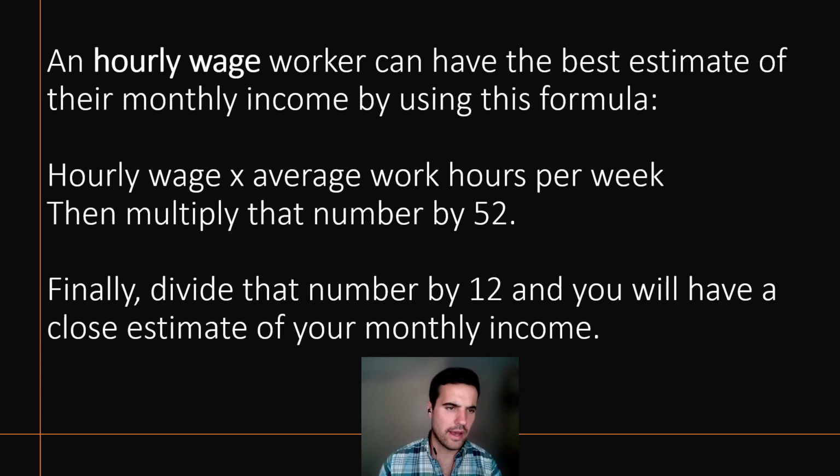You take your hourly wage, so say you're getting paid $20 an hour, times it by your average work hours per week, so let's just say 40 hours per week. Then you multiply that number by 52, and we get your total annual gross income. So in order to break it down monthly, we need to divide it by 12, and we'll have our close estimate of our monthly income.